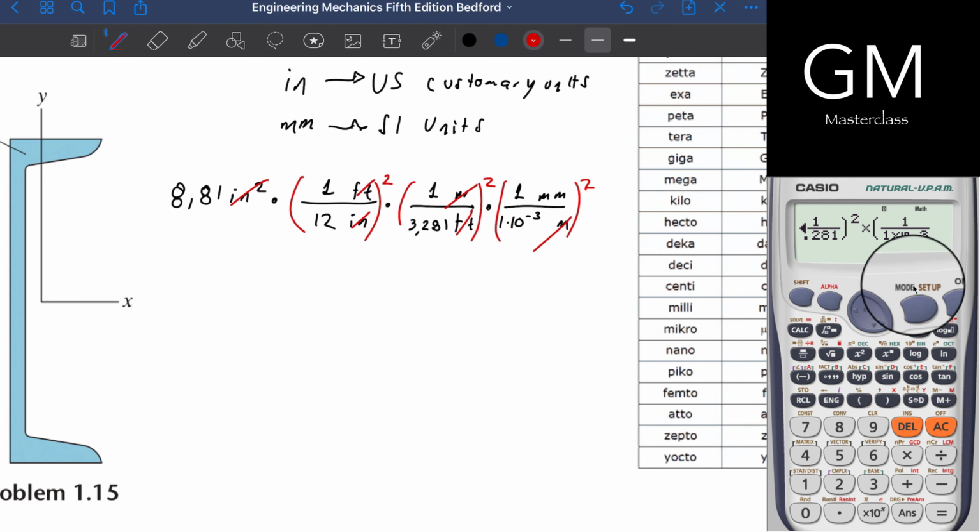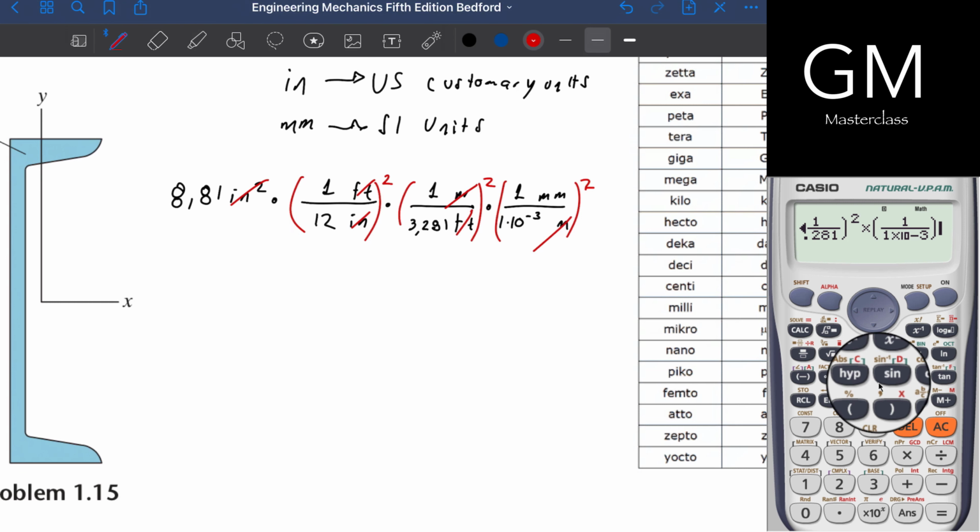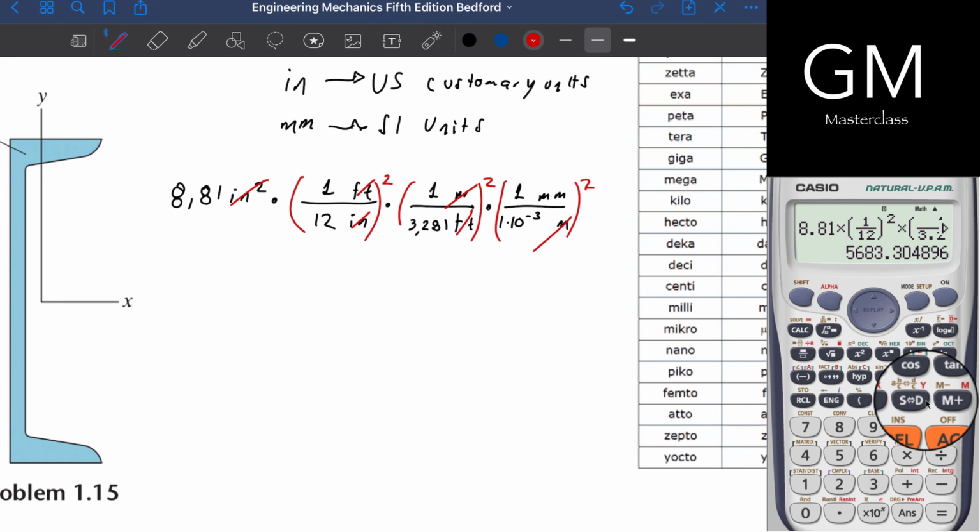This is the same thing as writing 1 times 10 and then using this button in order to write times 10 to the minus 3 power. And then I use this.